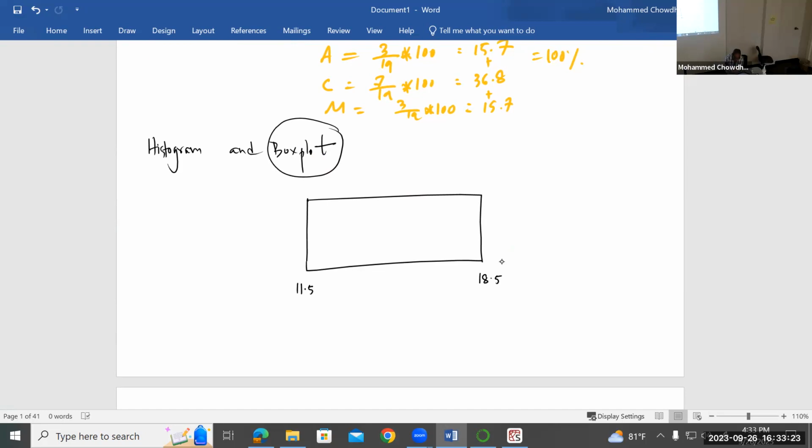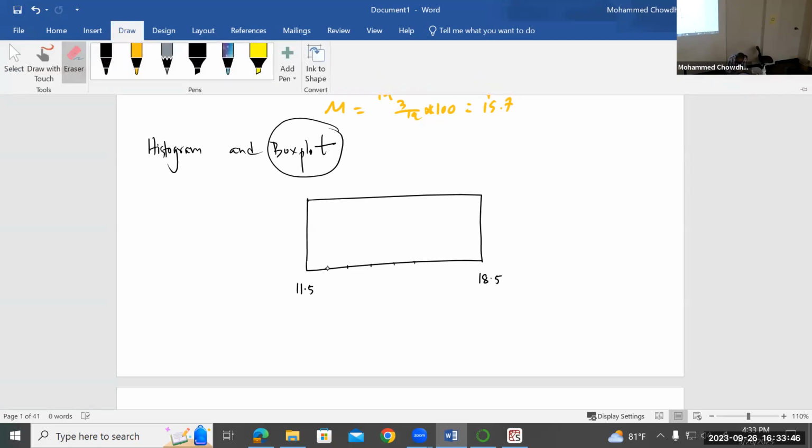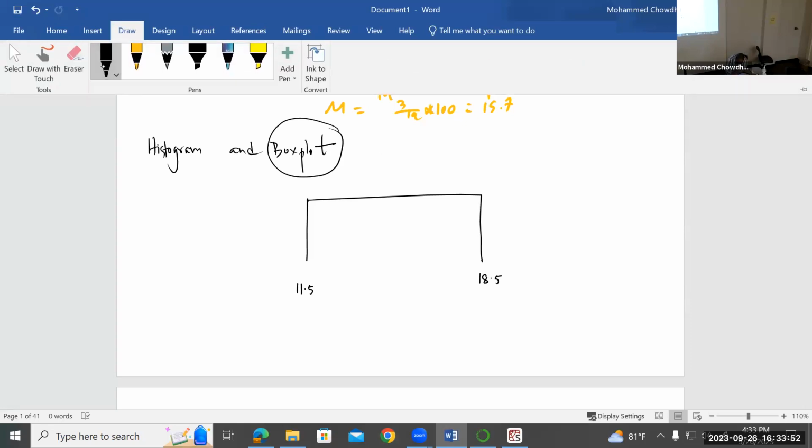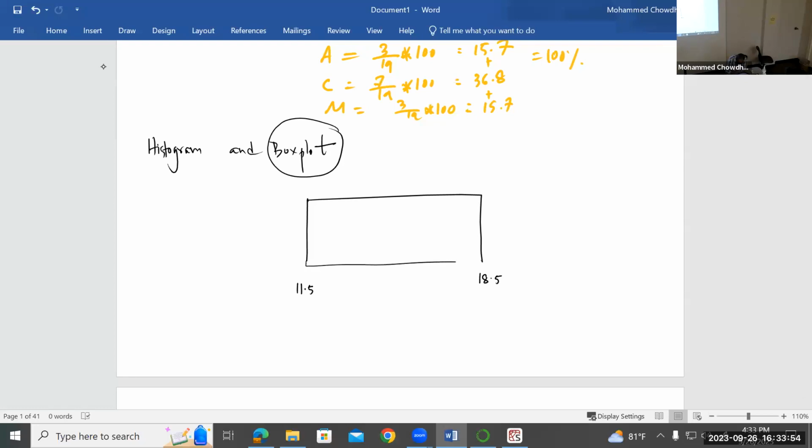So 11, 12, 13, 14, 15, 16, 17, 18. So 7 units I put there. So 1, 2, 3, 4, 5. Okay, so I need to erase these things and make the graph perfect. One, 2, 3, 4, 5.